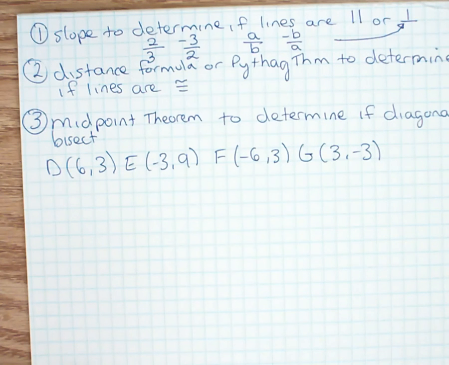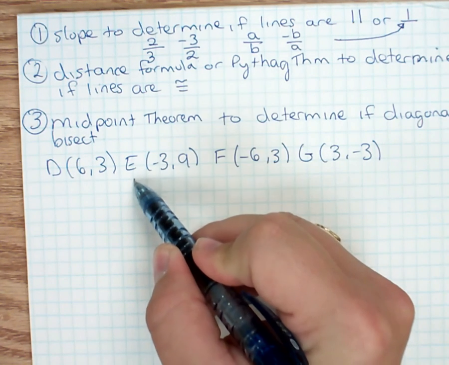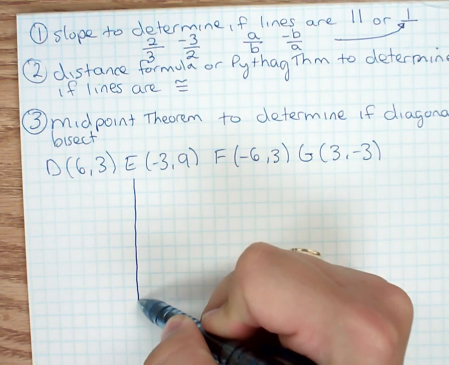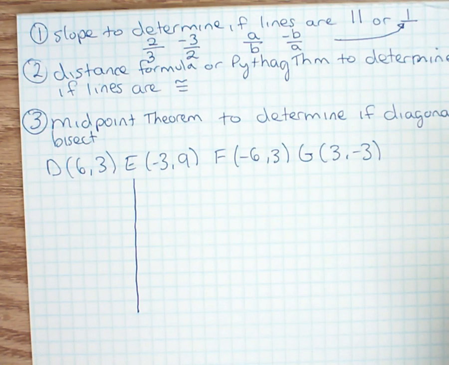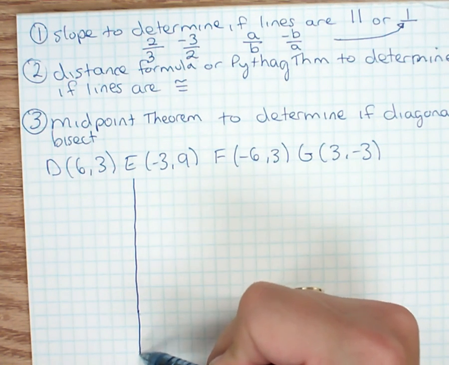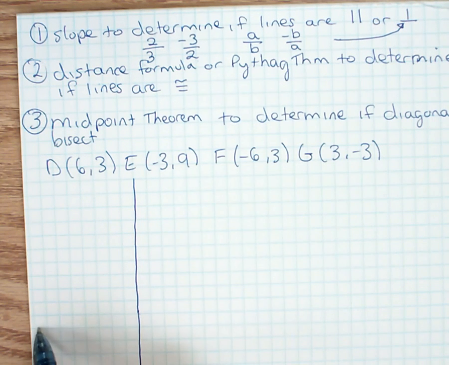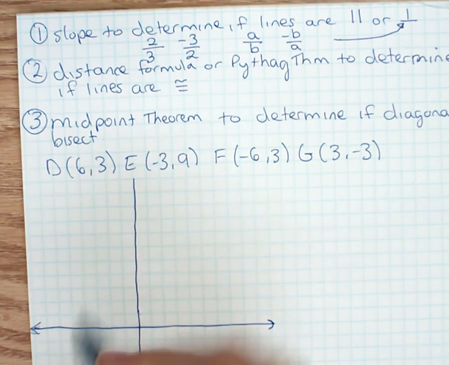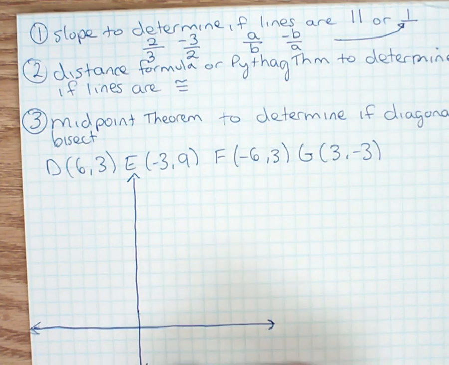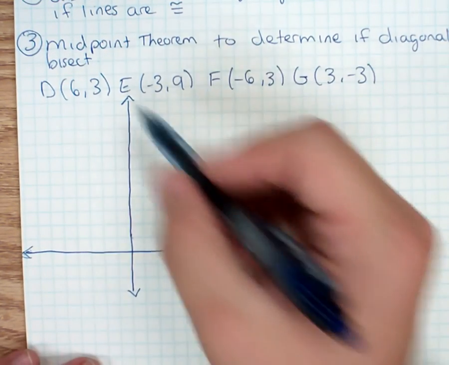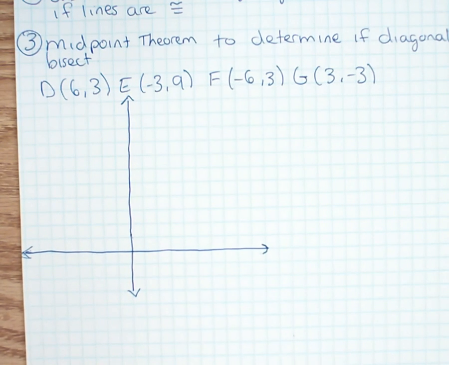So when we graph these, all right, so we have D, which is 6, 3.